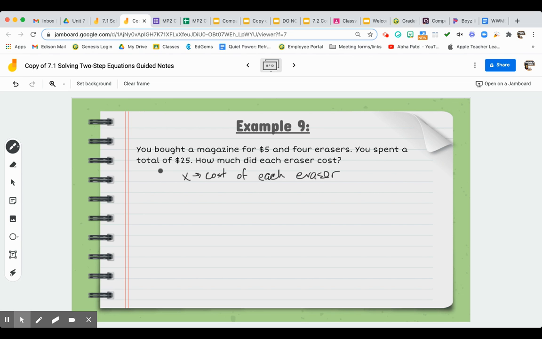So this time I actually think this one more intuitively makes sense. You spent a total of $25, so you're going to have the total at the end here. And now let's just see how this expression works. You bought a magazine for $5, so 5 plus, and then you bought 4 erasers, but we don't know what the cost is, so 4 times X. Now let's solve it. Subtract 5.